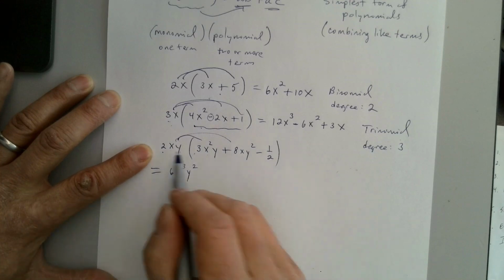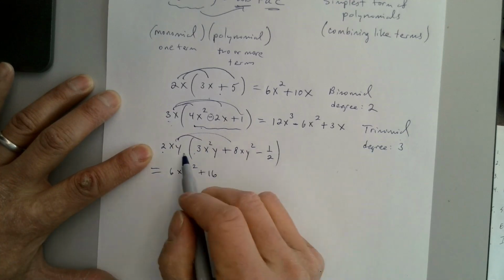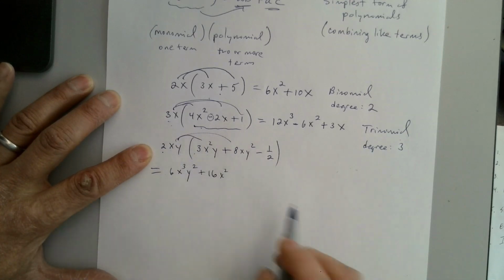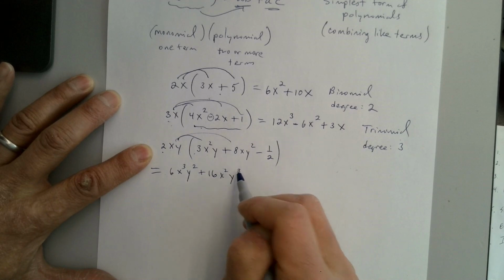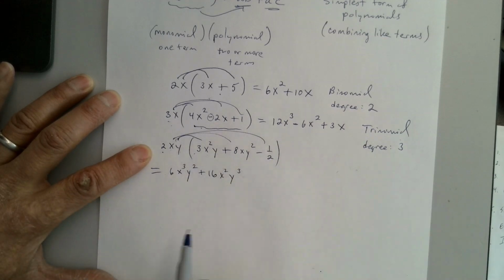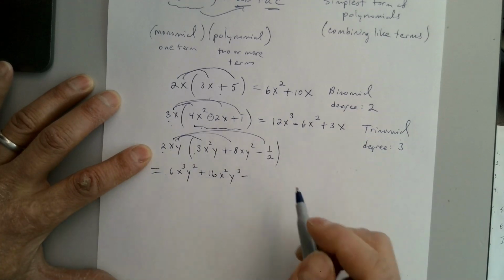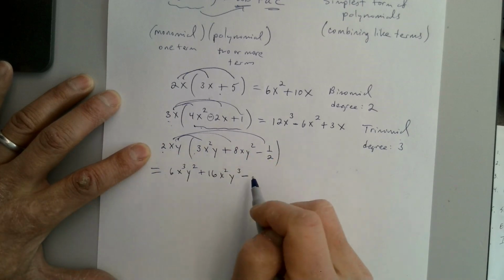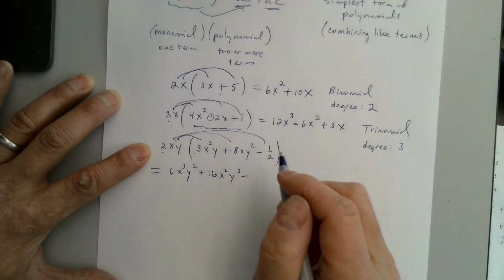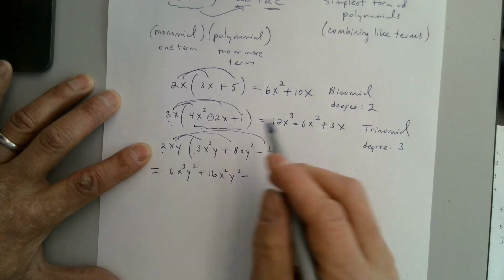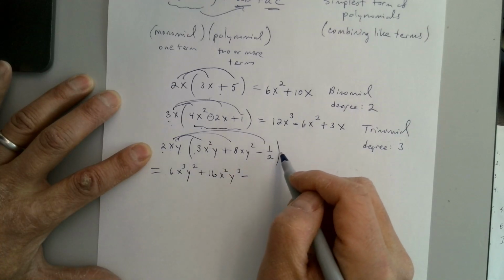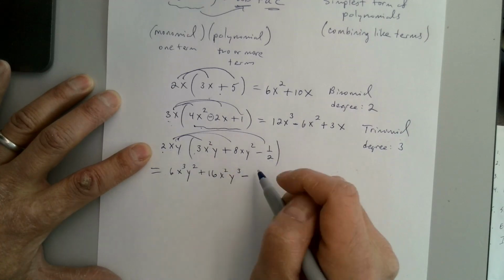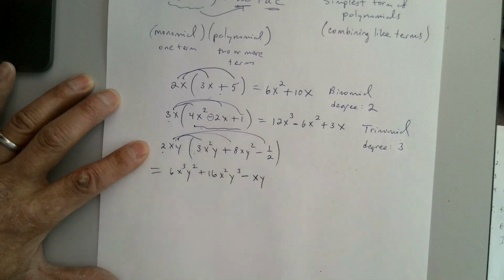Then the second term, 2 times 8, 16, x and x squared, y and y squared, y cubed. And then finally 2 times, don't forget the minus, 2 times 1/2 is 1, so I won't write anything. And then x, y, there are no x's or y's in the third term in the trinomial, so the product is just xy.